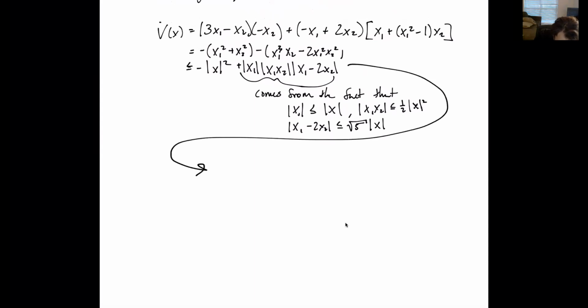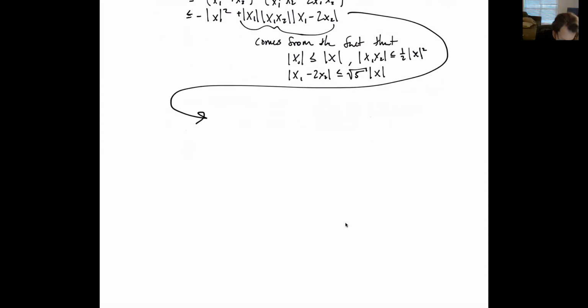Coming back from this guy, let's come back here. And then we get that this implies that v dot of x is less than or equal to negative norm of x squared plus square root of 5 over 2 times norm of x to the 4th.